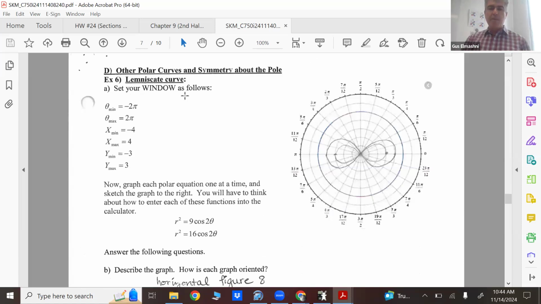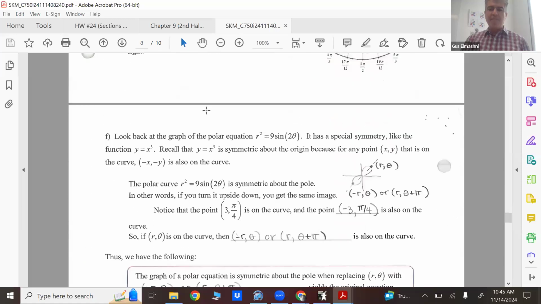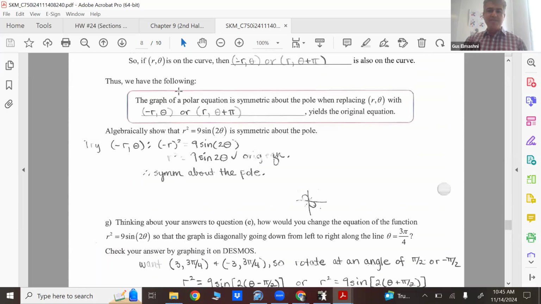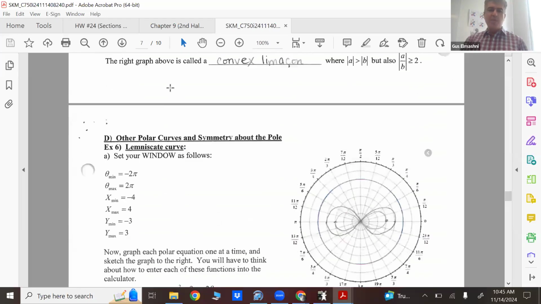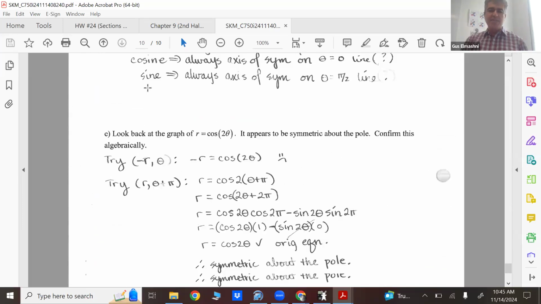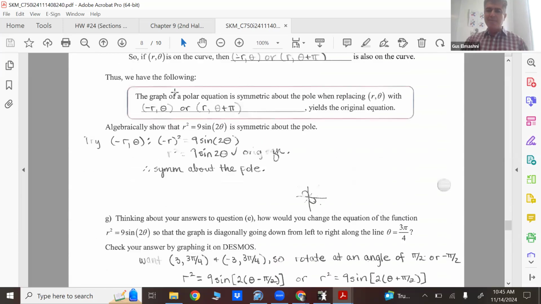And lemniscates are like barbells or dumbbells. And then ultimately we'll get into rose curves, which is really fun. We're not there yet. So let's just finish cardioids. We can do the rest of this on Monday.